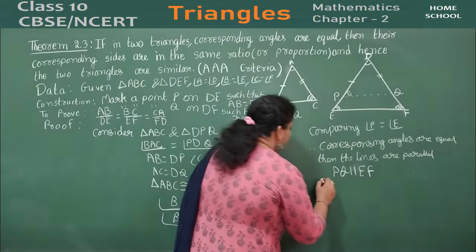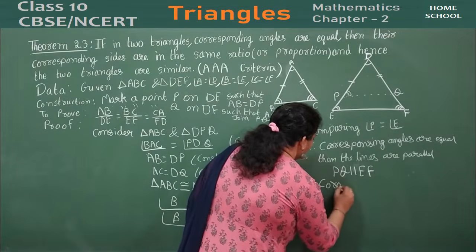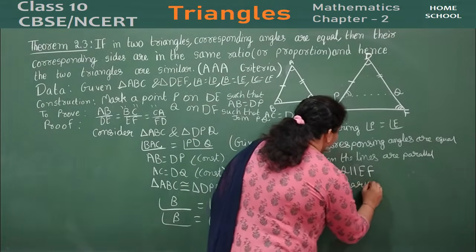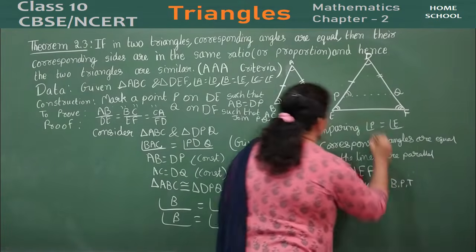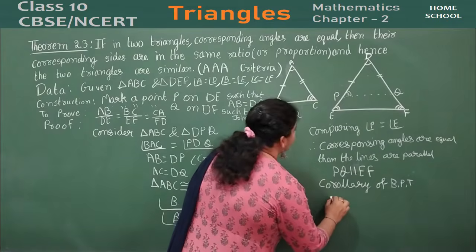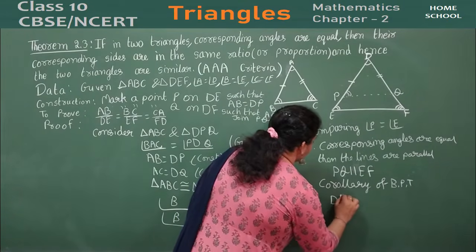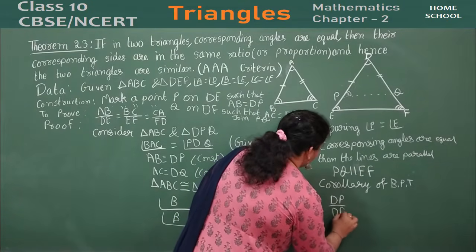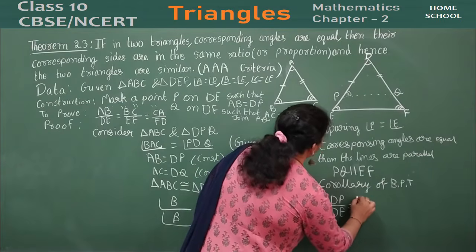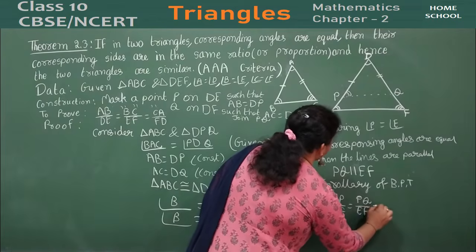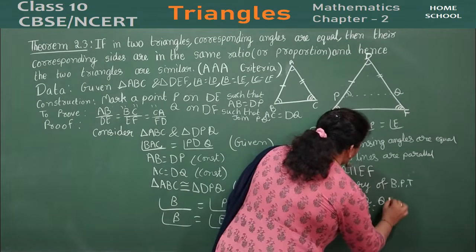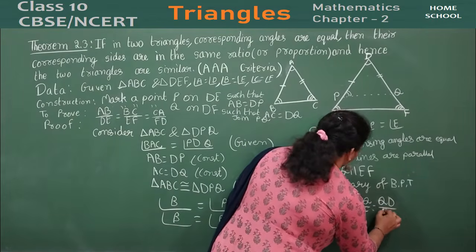So now, by corollary of BPT, what can you say here? DP by DE is equal to PQ by EF is equal to QD by FD.